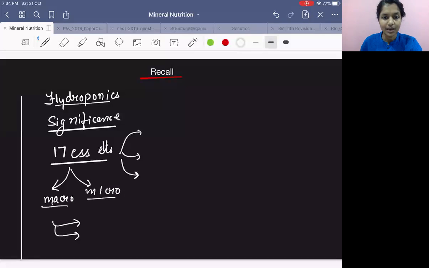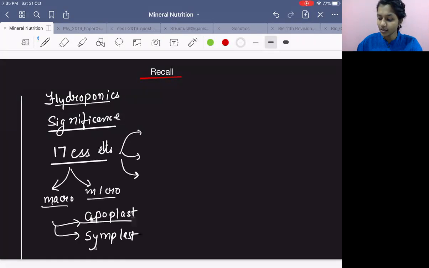The first phase is apoplast, and the second phase is symplast. In apoplast it was passive through the dead part, and through symplast it was an active process when you have to take minerals into the cell, right?